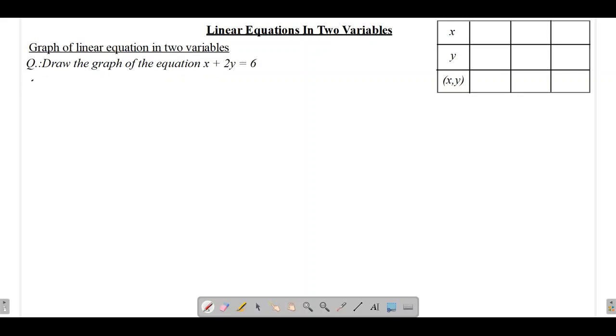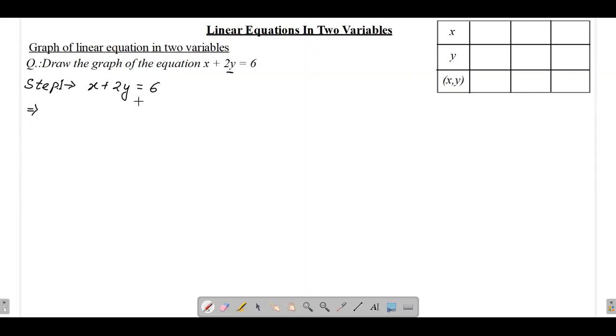First of all, we will start with the first step, and that is to isolate y, or to represent y in terms of x. What I mean to say is, the equation is x plus 2y is equal to 6, and we will try to isolate y.